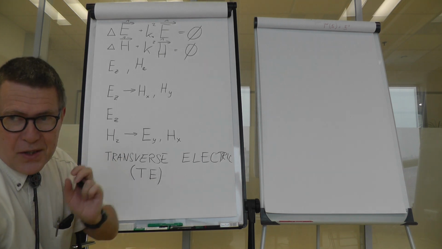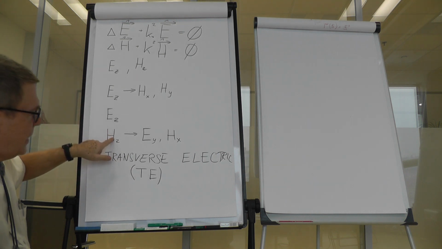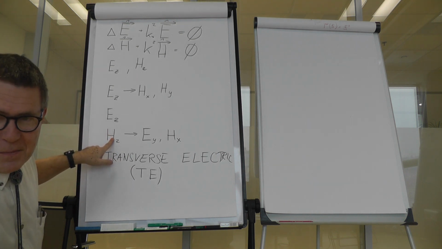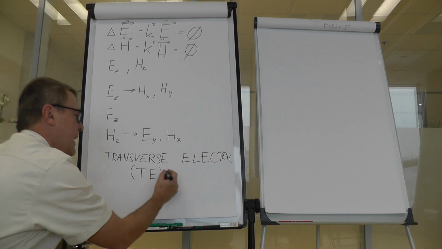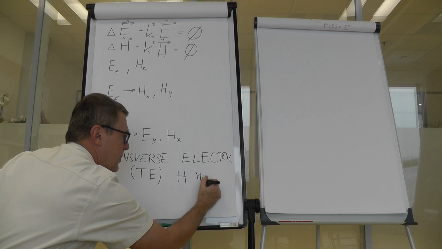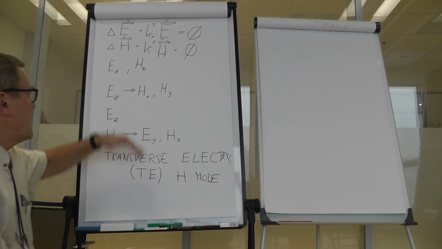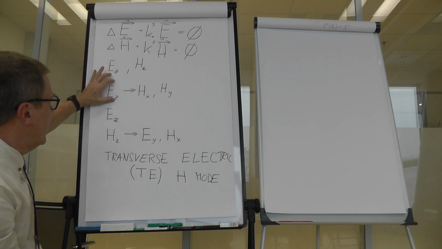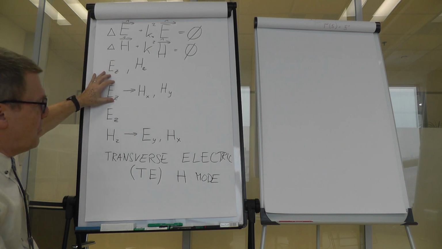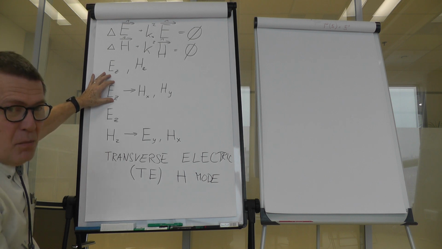Some other authors remember that it has been derived from the Z component of the magnetic field, and they call it H mode. And vice versa, this runs for the transverse magnetic modes that some authors called E modes.